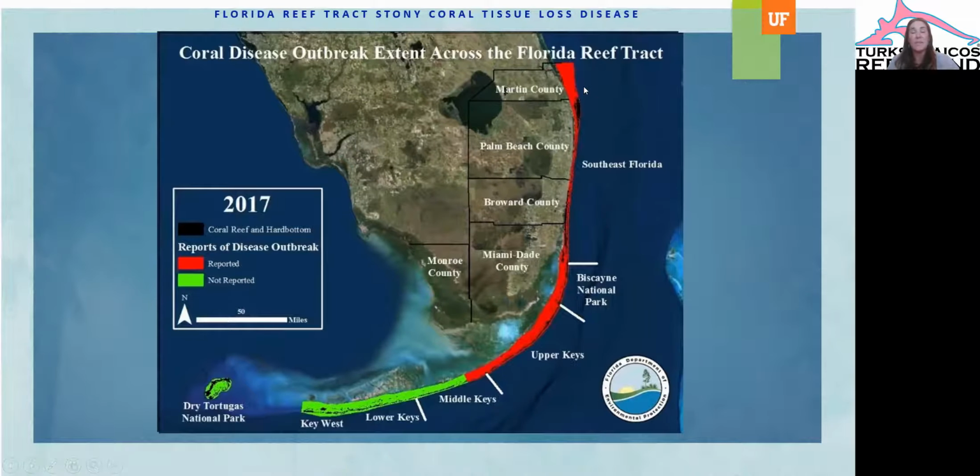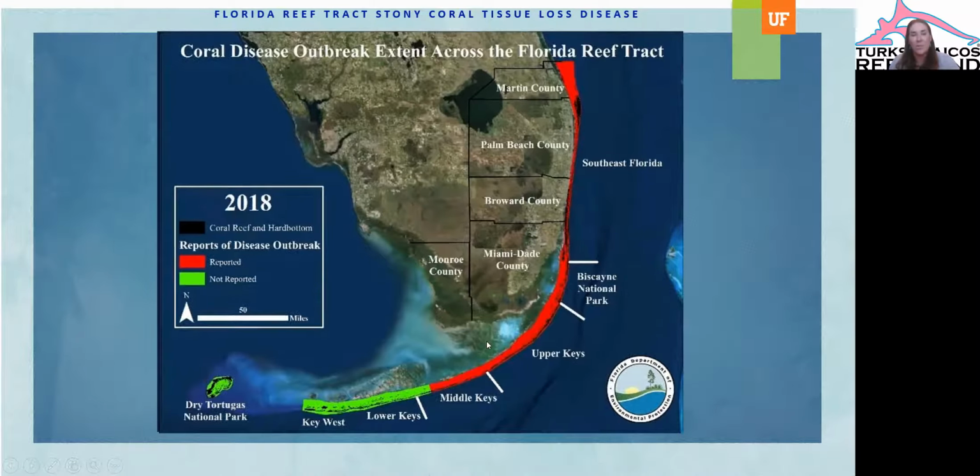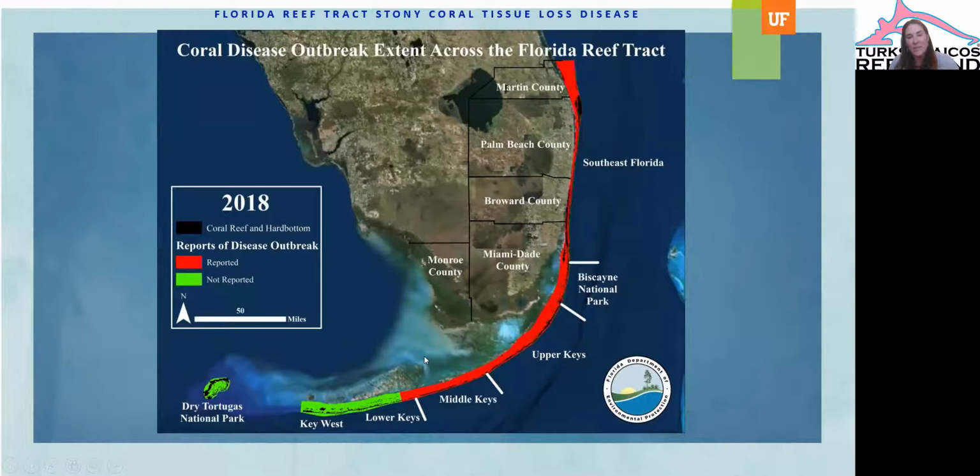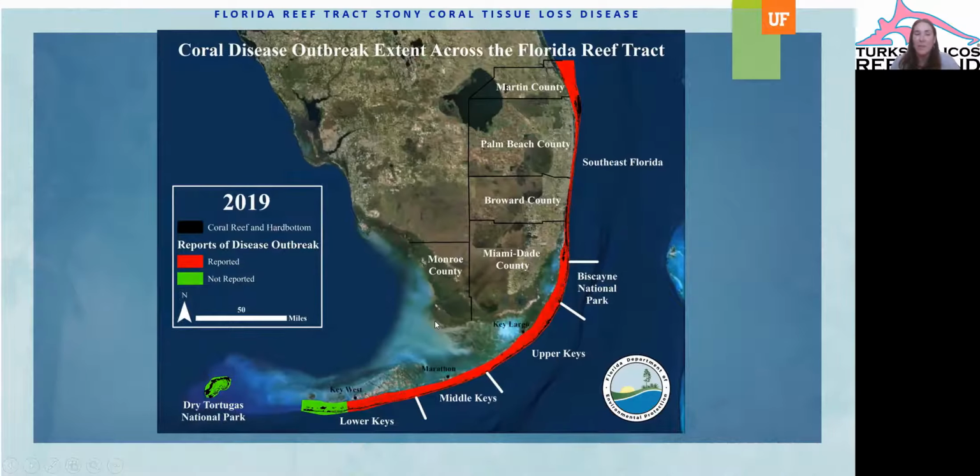By 2017, it has reached as far north as it is going, to the edge of the Florida Reef Tract in Martin County, and it's down into the upper middle Keys, where it then continues on through 2018 until it finds itself at the end of 2018 in the lower Keys, and by 2019, it has reached Key West.